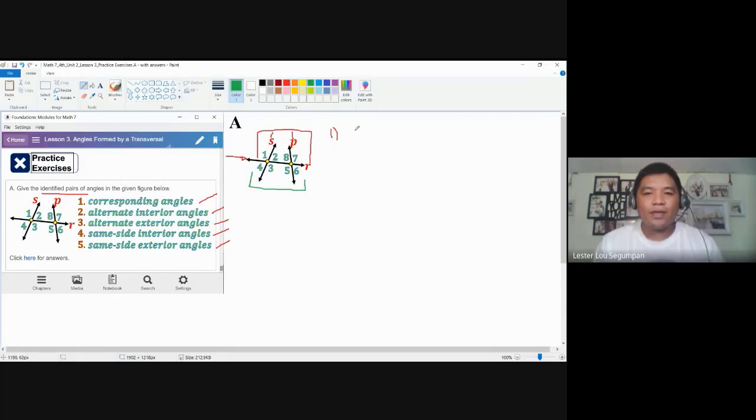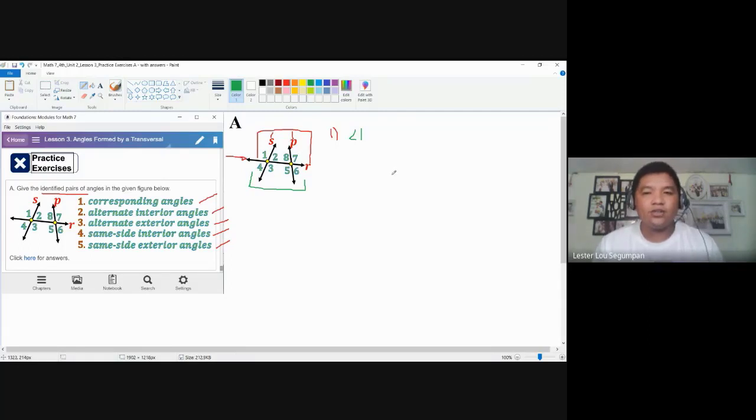So if we are going to pick angle 1, the angle to be paired with angle 1 for them to be considered a pair of corresponding angles must be on the same side as angle 1, which could only be either angle 2, angle 8, or angle 7. That's the first condition, but we are not yet sure which of the three.